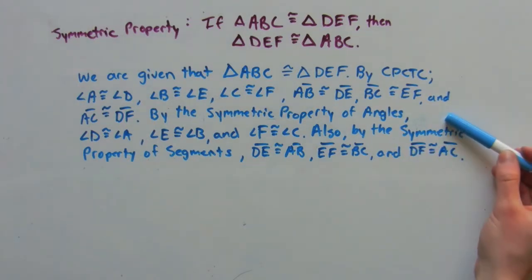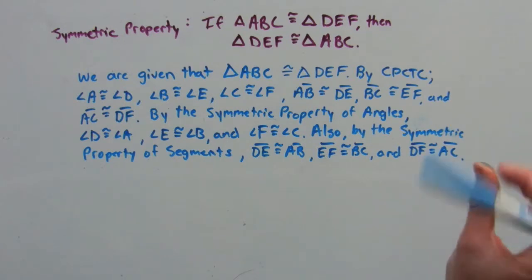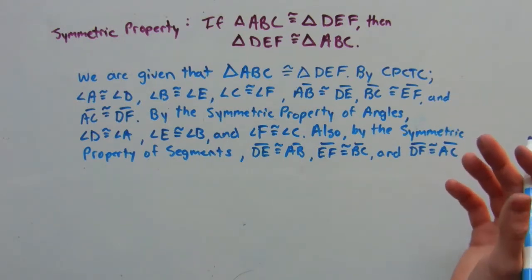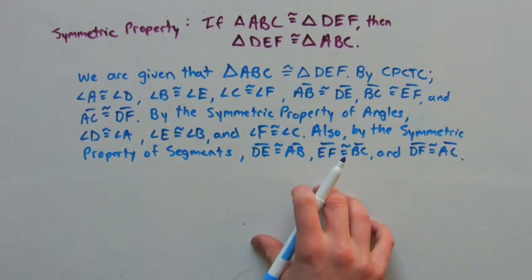And since we have that the angles of two different triangles and the segments of two different triangles are all congruent, then, by definition of congruent triangles, the first triangle is congruent to the second triangle.